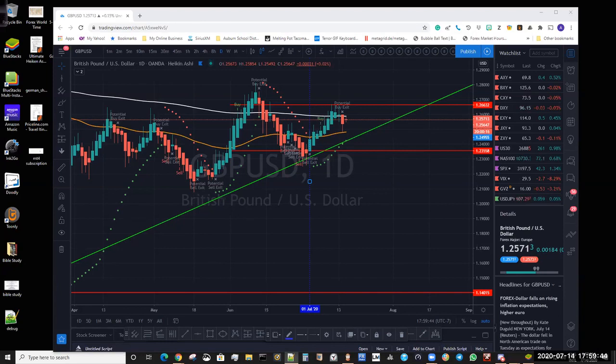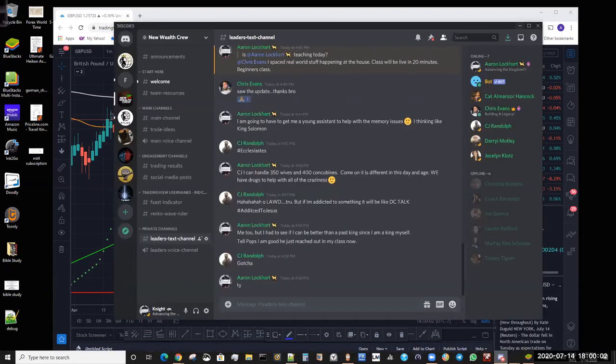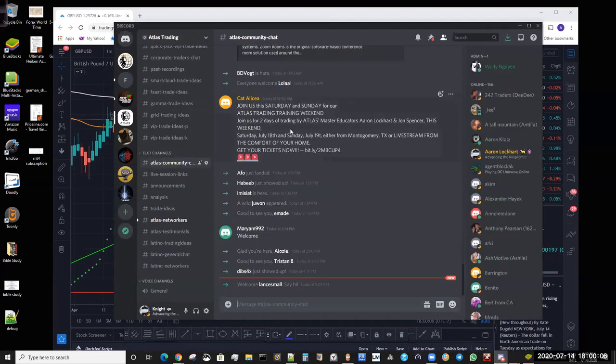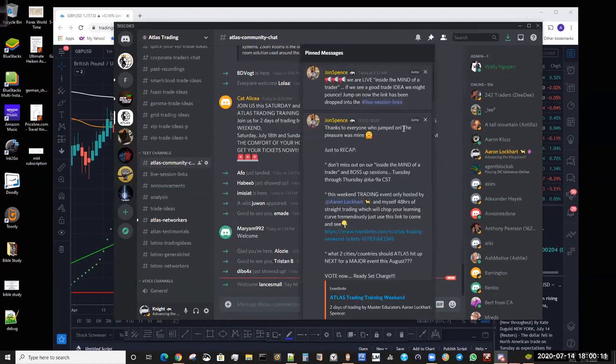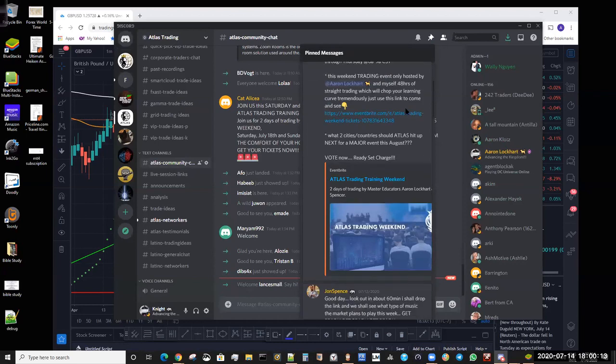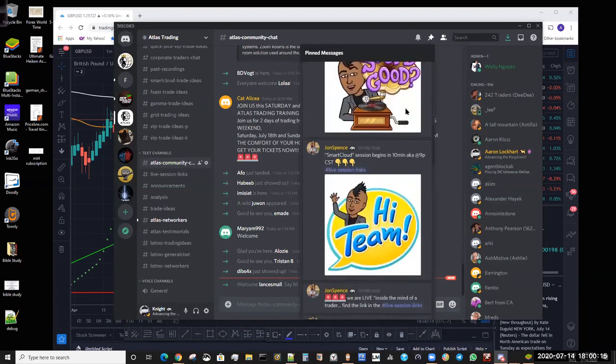All right, this is a TradingView tutorial. In order to get the fast indicator and the RSI indicator, you must go into the Atlas Discord, Atlas community chat, click on the pinned messages, and scroll down.